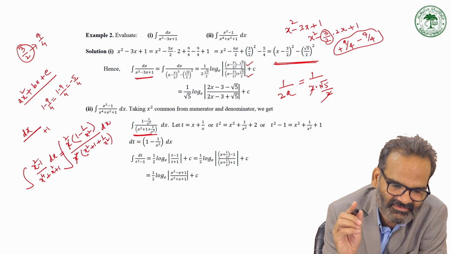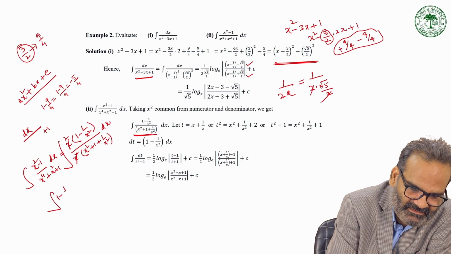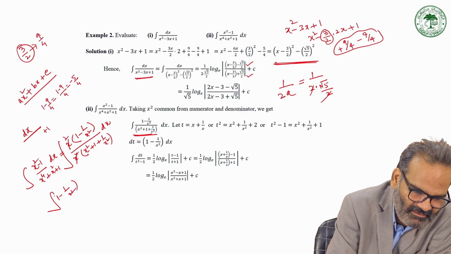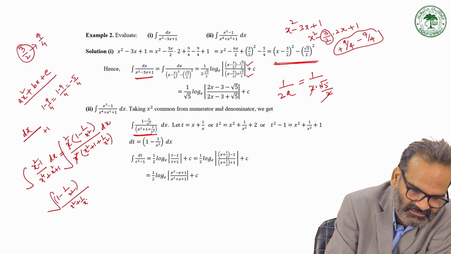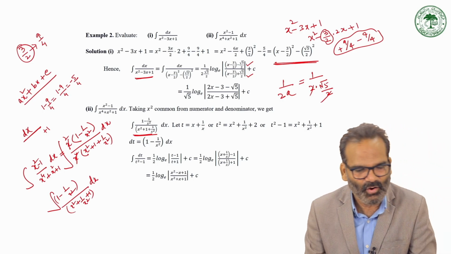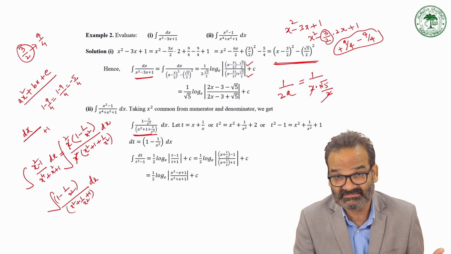Now, after having this step, what are we having? We are having 1 minus 1 upon x square divided by x square plus 1 upon x square plus 1, dx, right? Now we will integrate this function, and we can integrate this function only by guess, our intuition.